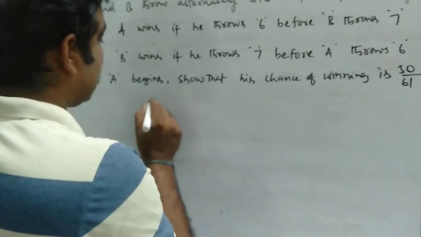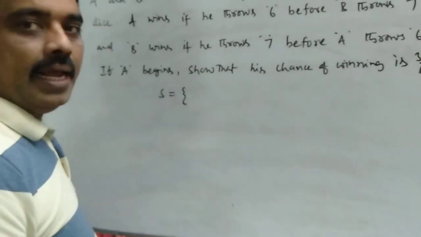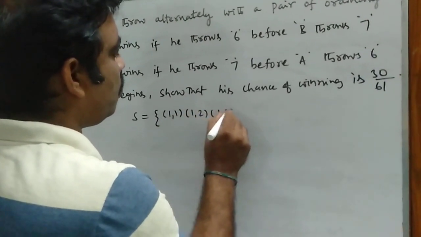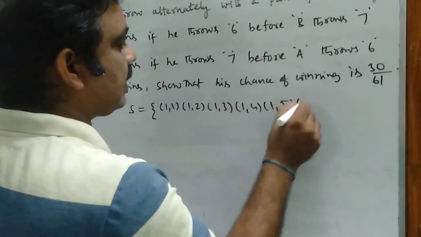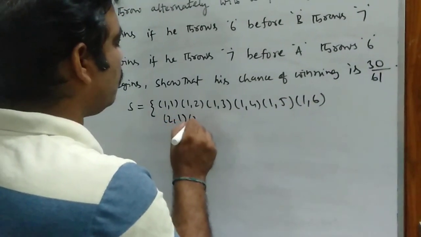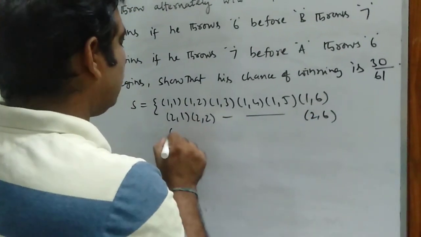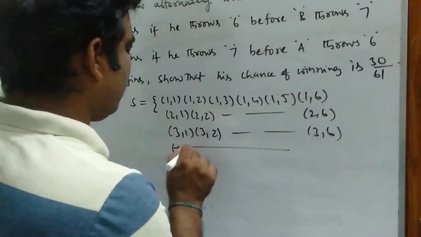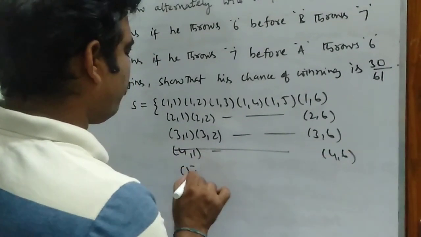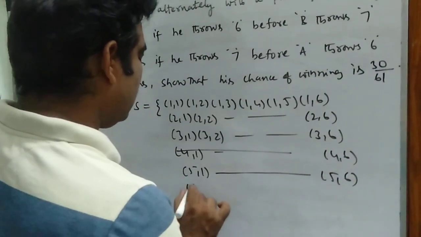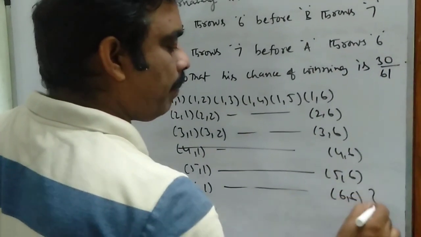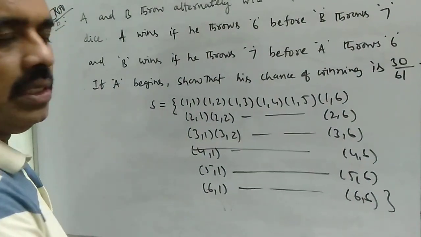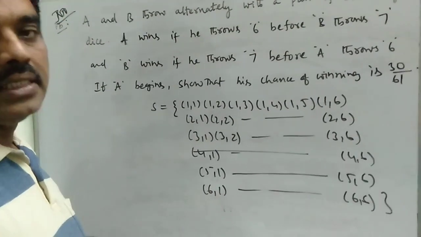You know that since we are playing with 2 dice, the sample space contains the points 11, 12, 13, 14, 15, 16. Similarly 21, 22, 23, so on to 26. Similarly 31, 32, 33, so on to 36. Similarly 41, 42, so on to 46. 51, 52, 53, so on to 56. Similarly 61, 62, so on to 66. The possible outcomes when you play with a pair of dice contain 36 sample points.